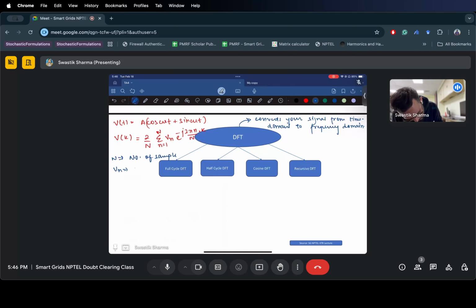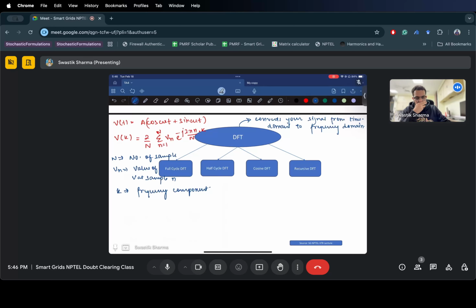Vn talks about the value of v at sample n, and k talks about the frequency component, what frequency component you want to derive. This is how the discrete Fourier transform is used to discretize your signal into various components.